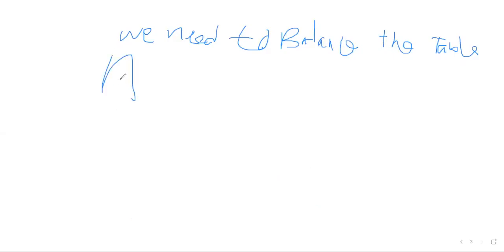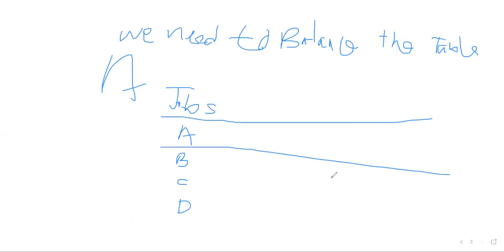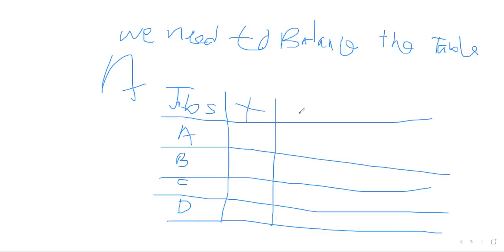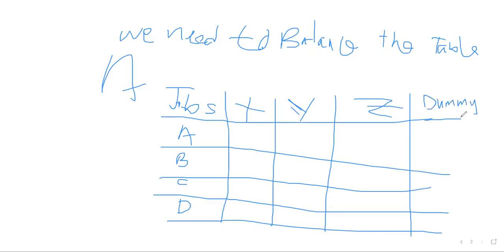So jobs A, B, C, and D, and X, Y, and Z. Meaning you're going to put the dummy here. It should have zeros.